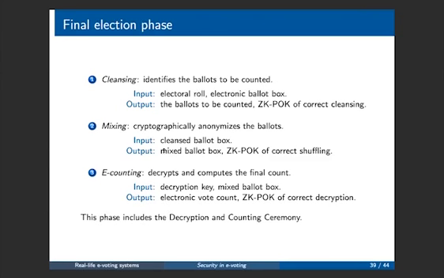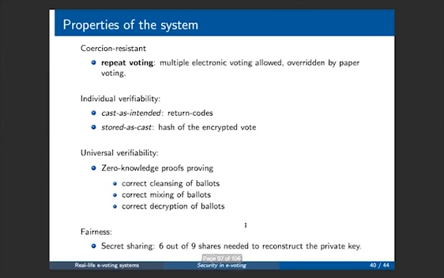Then mixing, using mixnets, and finally the e-counting process, which was done on air-gapped computers, checking all the zero knowledge proofs of knowledge, and so on. This phase also included something they called the decryption and counting ceremony, that I will mention later.